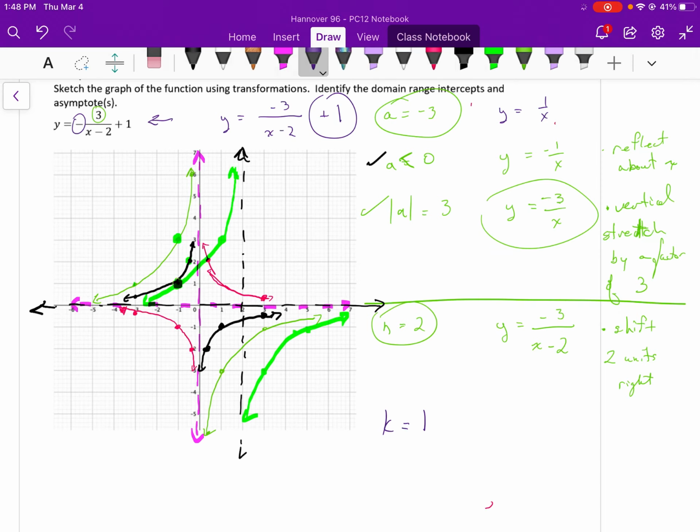I have to take this whole big mess and my last graph and shift it up 1 unit. So I'm really not a huge fan of transforming functions that are rationals. It is overly complex.